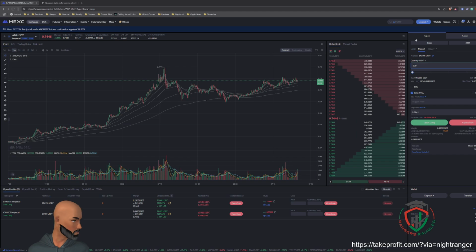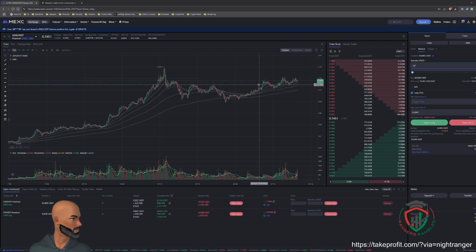Do I want to lose $40? No, I do not. 50. Wow, see what I mean? Even if I do $50, I'm risking $4. Okay, I'm risking $4, but I've only got a 25-cent margin.